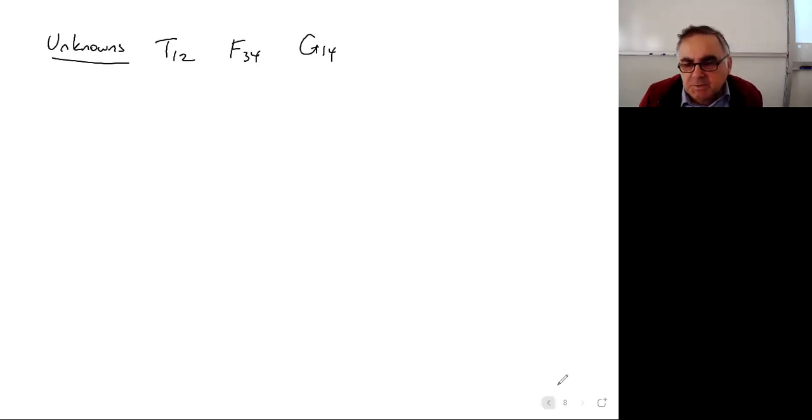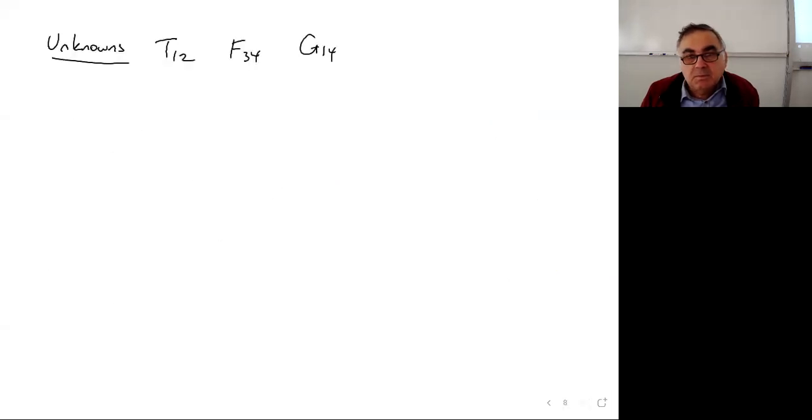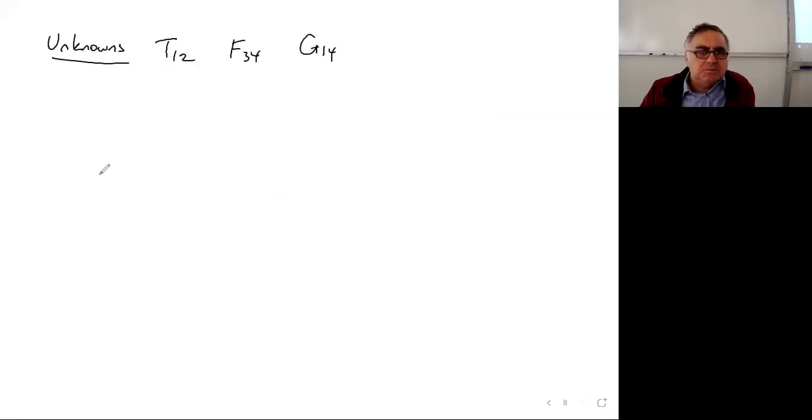So 3 equations with 3 unknowns, as you see. G14, this is unknown. F34, this is an unknown. And what was it? Something else. G12. So 3 equations, 3 unknowns, which can be solved for. And we want to solve for T12 anyway.